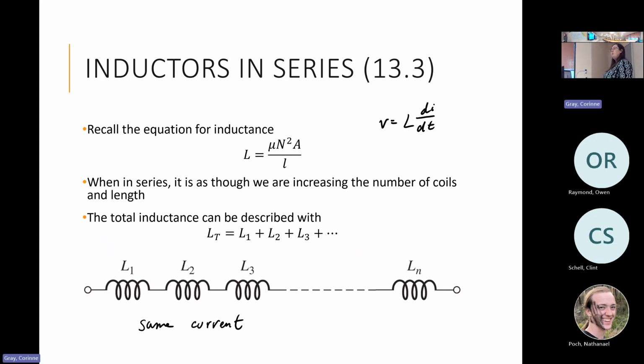For the resistor, V is equal to IR. Yes, it is a little more complicated because it's not I, it's dI/dt, but it's formatted the same. The way we sum those up is going to be the same.